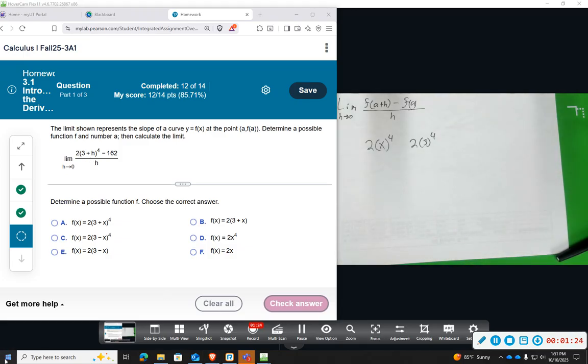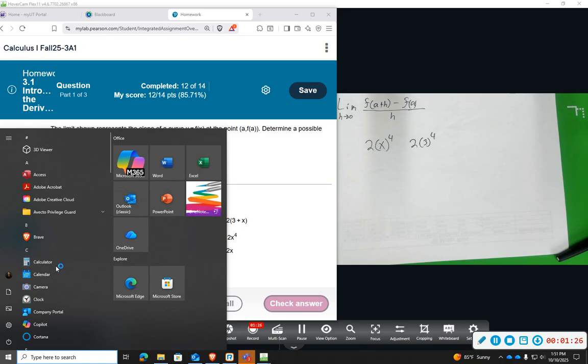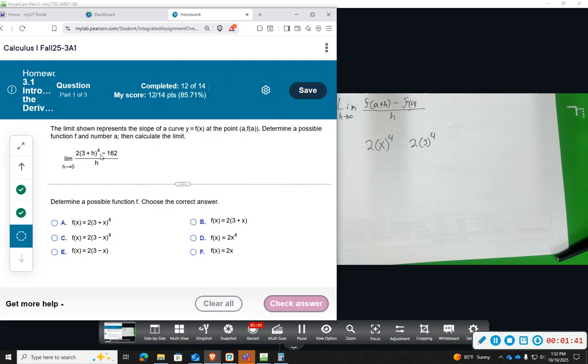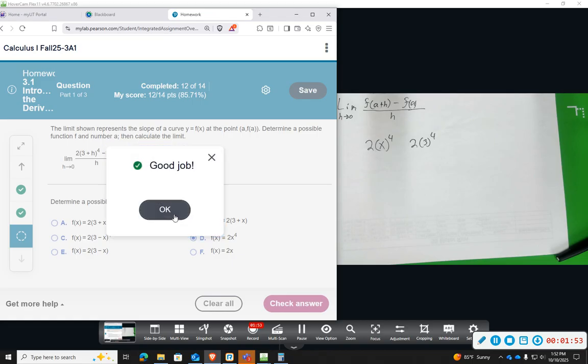And we can check. Let me just pull up the basic calculator. And then I'm going to say 3, and we're going to raise it to the 4th power, and then multiply that times 2, and that gives you the 162. So yeah, we can identify what our original function should be, and they want you to determine what f is, and so 2x to the 4th based on this function.